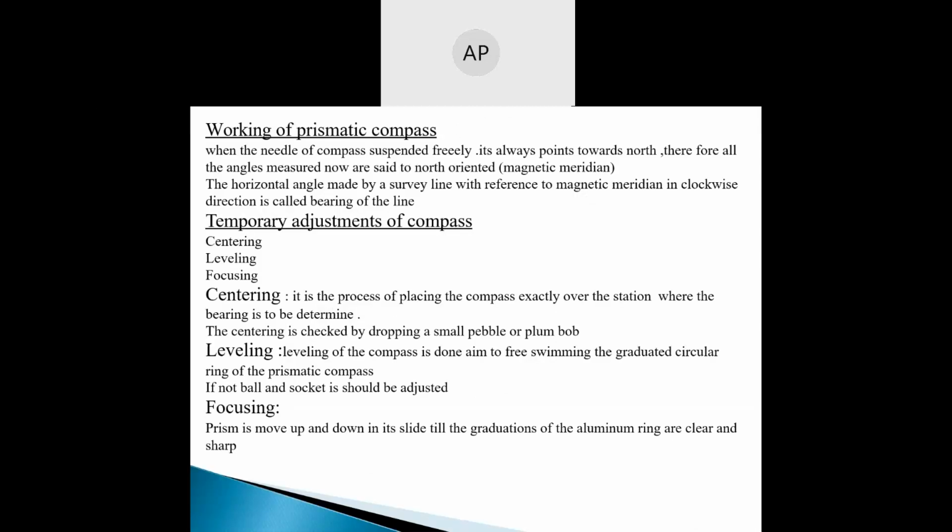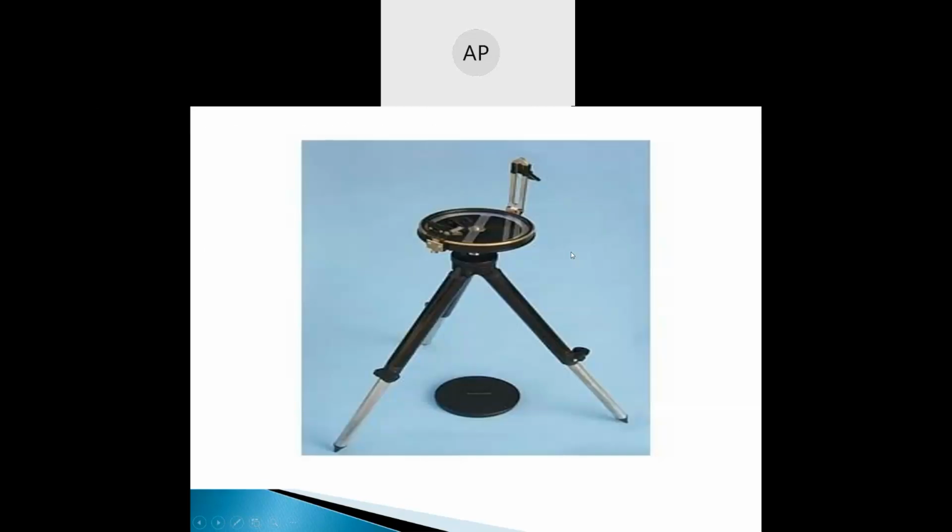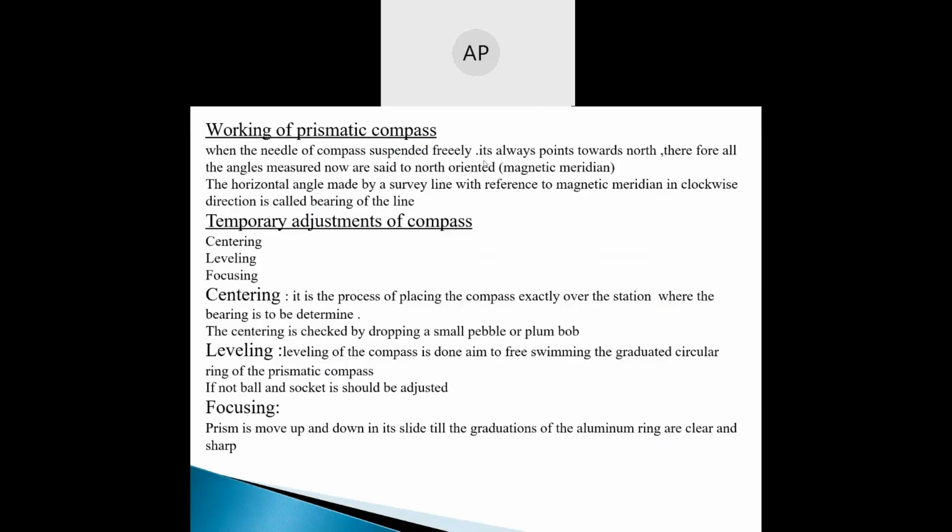So, the working principle of a prismatic compass. When the needle of a compass is suspended freely, it always points towards north.